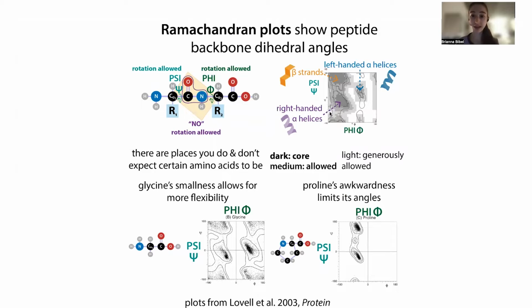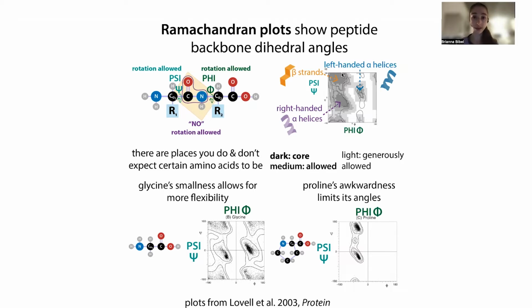We can graph out the psi versus phi angles and then show where different amino acids are found. You'll see that in the case of most proteins, you see a characteristic distribution of where amino acids will be found, like what angles they will take on.